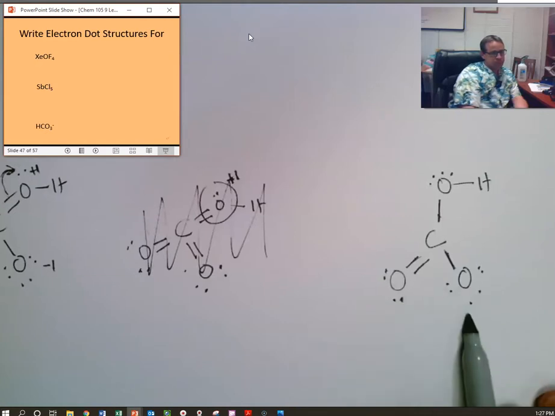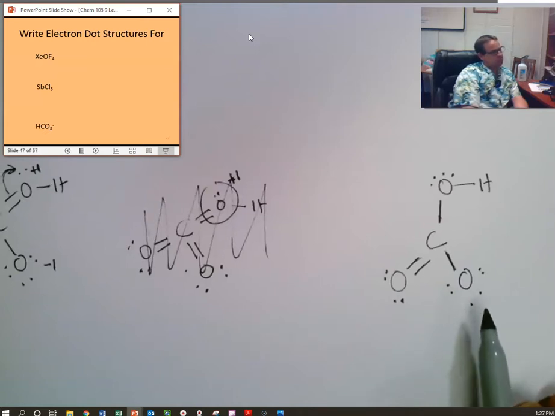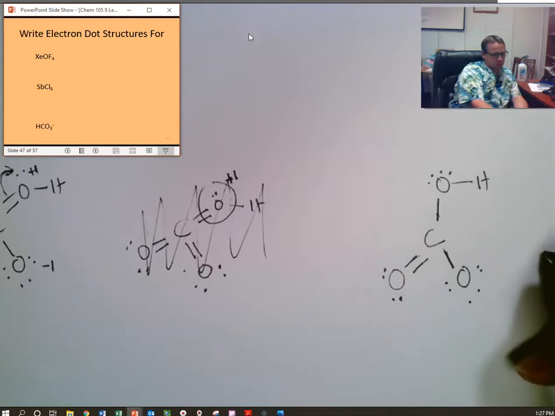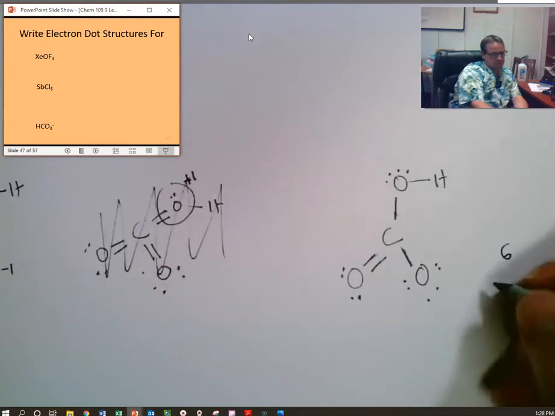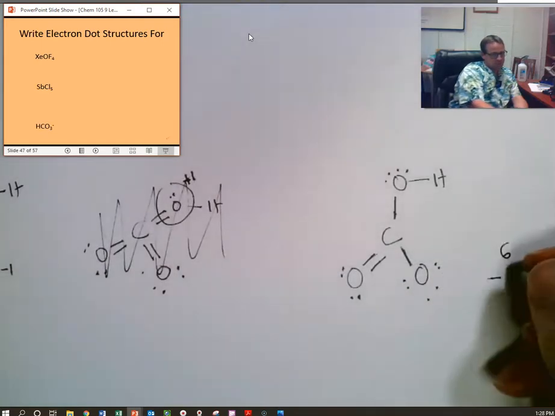And this one? Any ideas? What's the formal charge there? That one is still -1. That's right. It brings 6 electrons. Subtract how many it has right around it, 7. So it's a formal charge of -1.